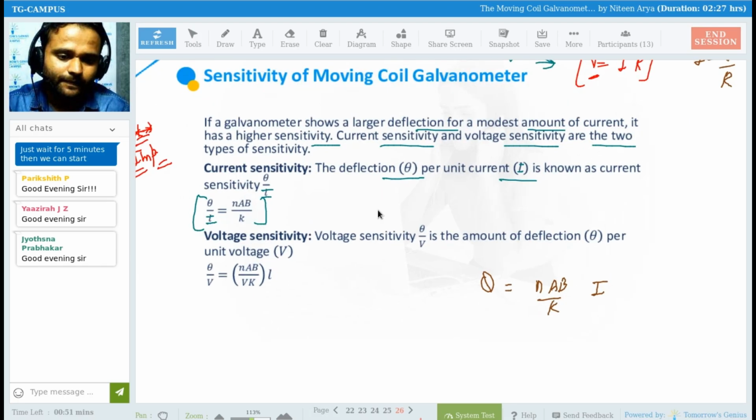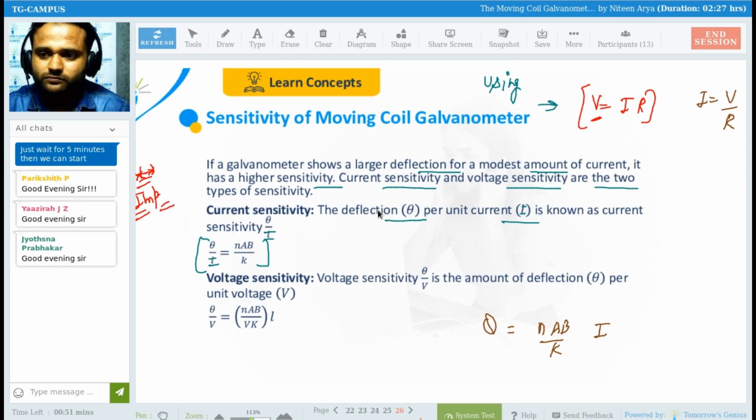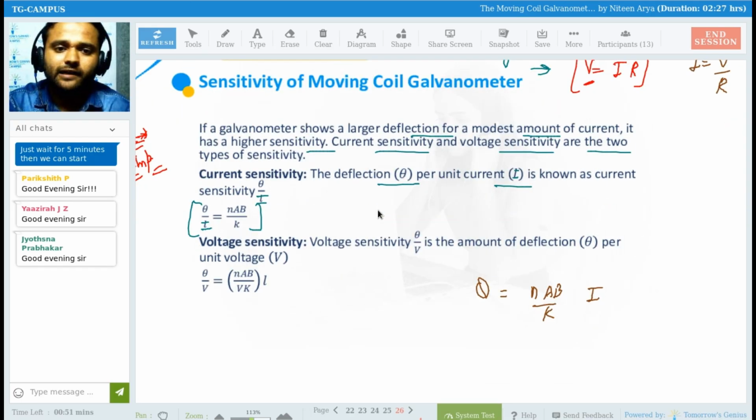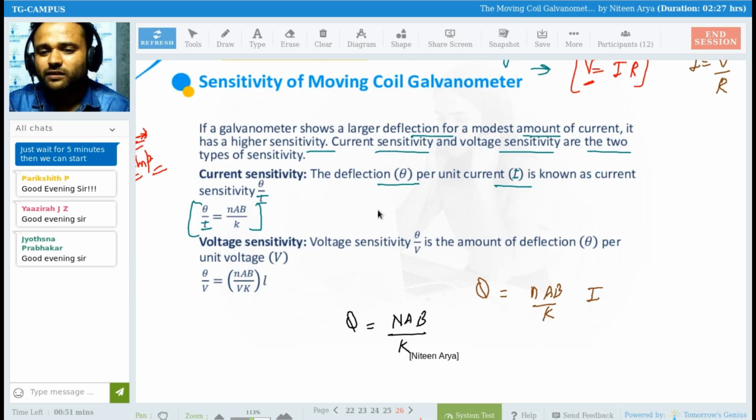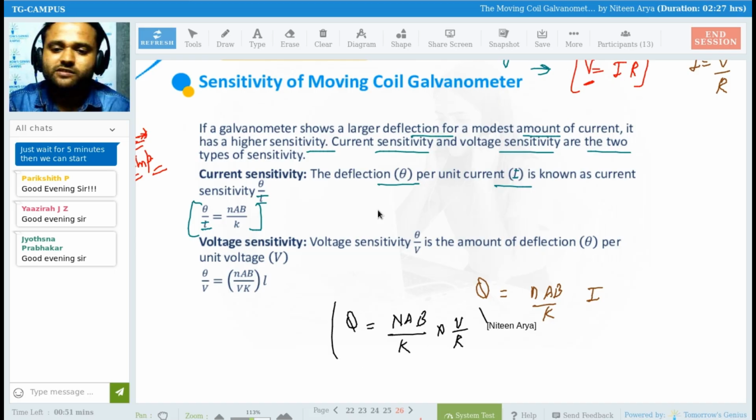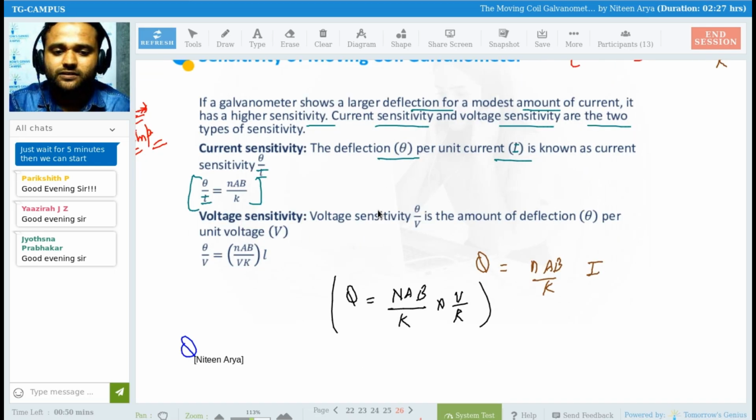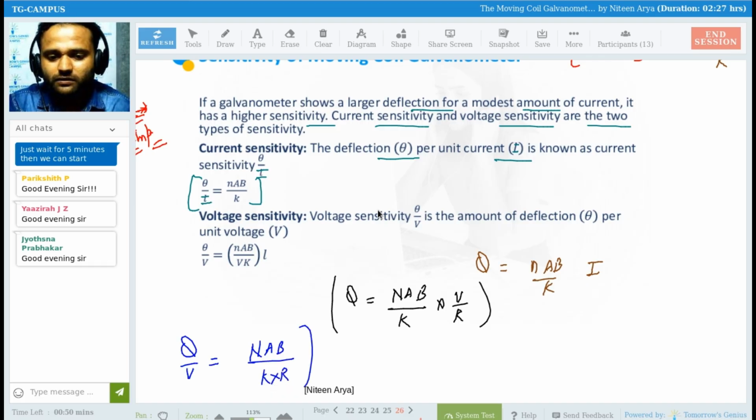So instead of I, what I can put is theta equals NAB upon K into V by R. This is my formula, and from here I can go like this: theta by V, which is the voltage sensitivity, is NAB upon K into R.